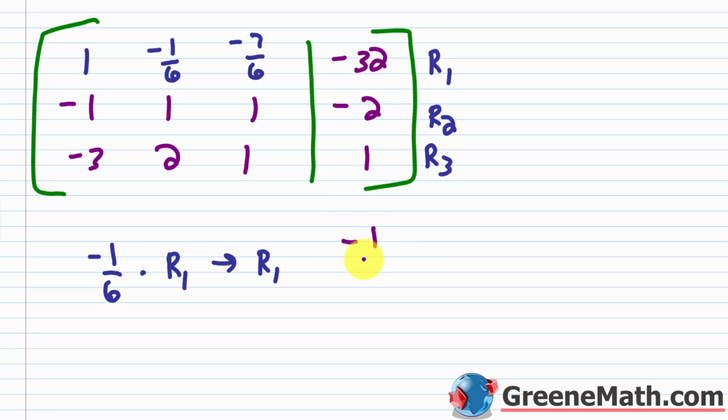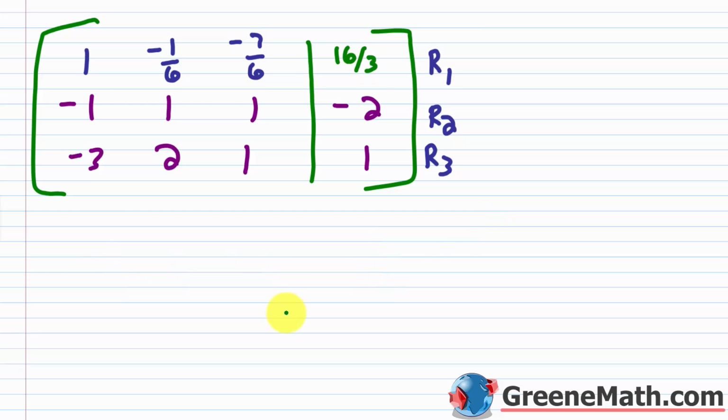We would have -1/6 times -32. We know that negative times negative is positive, so I can get rid of that sign. 32 and 6 are each divisible by 2, right? So 32 divided by 2 is 16, 6 divided by 2 is 3. So this is going to be 16/3.